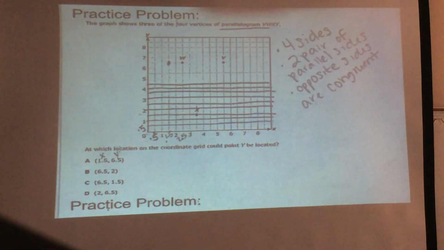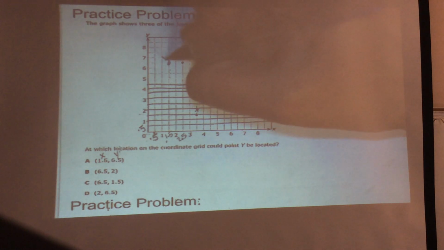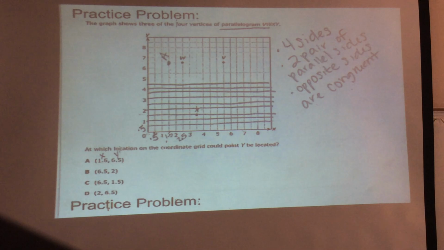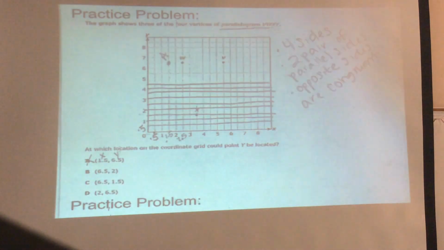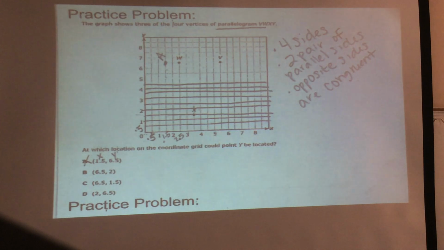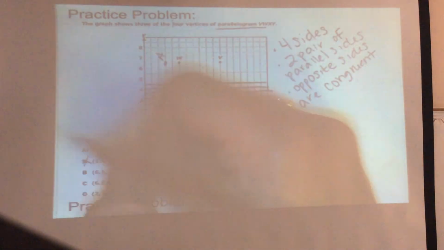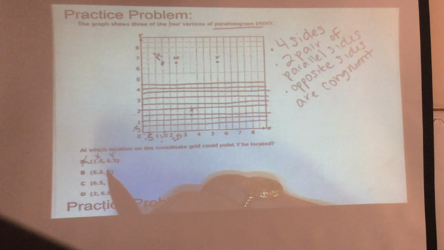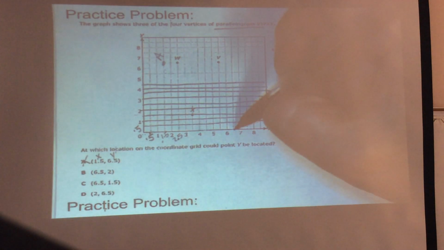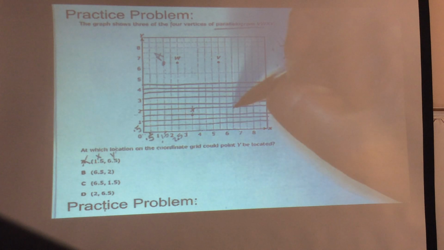Just by looking at where the point A is plotted, that's not going to make a parallelogram. Okay, point B. 6.5 is my x, 2 is my y. I'm going over to 6 and then halfway and up to 2.